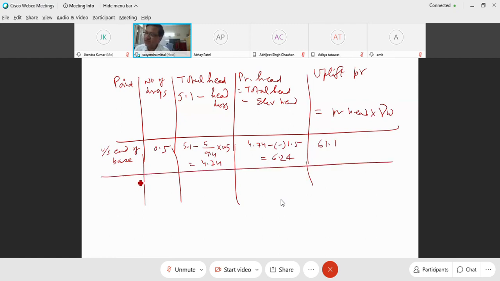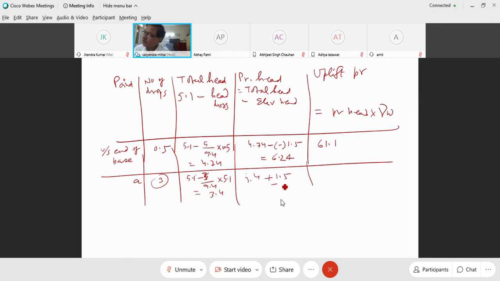Now, because time is less, I am just writing at point A. This will be 5.1 minus number of drops, this 3 upon 9.4 into 5.1. So this comes out as 3.4, and this is 3.4 plus 1.5.